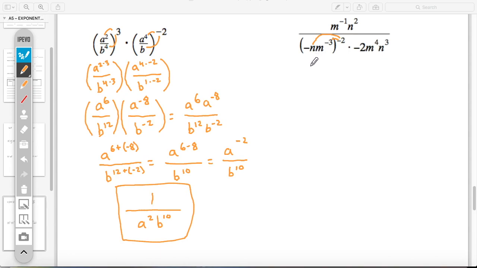So up top, I'm left with m to the -1 n squared divided by, okay, so I'm going to rewrite this as -1, because this is a negative n, so same thing as -1 times n, times n times m to the -3rd, okay, and then of course I have my second part of my expression down here, -2 m to the 4th n cubed.